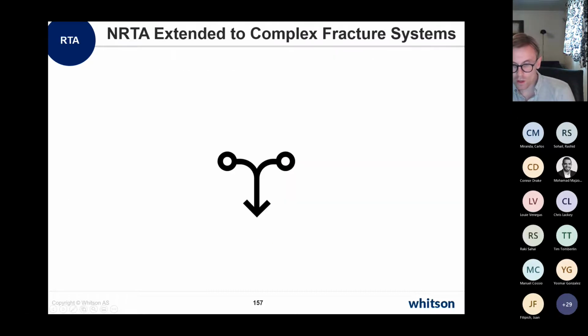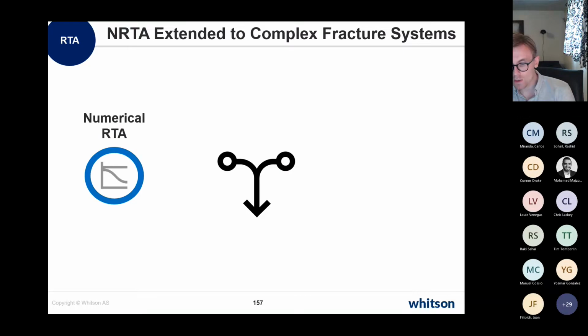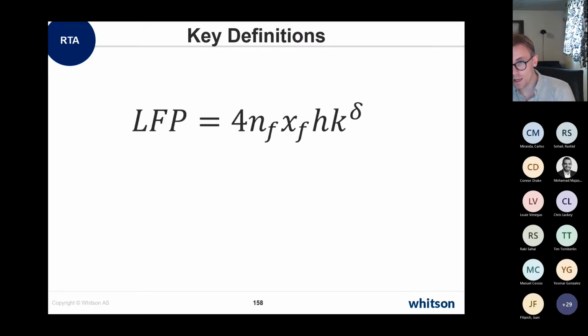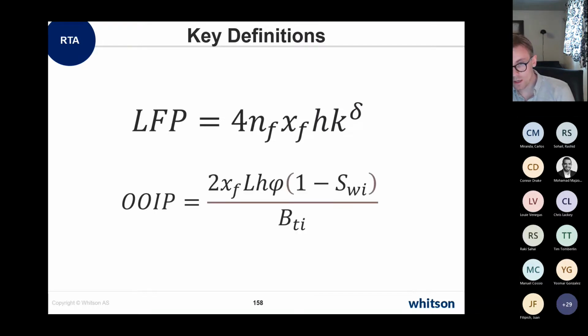So what we've worked a lot on is how we can combine numerical RTA and fractional RTA in a very simplified manner. And what turned out, which is a very elegant takeaway, is that the only difference in the workflow is that we define our LFP as the area times k to the delta, but except for that, the oil in place is exactly the same.